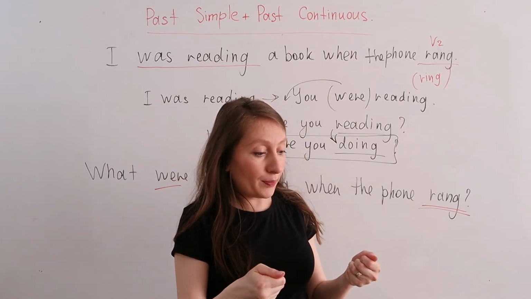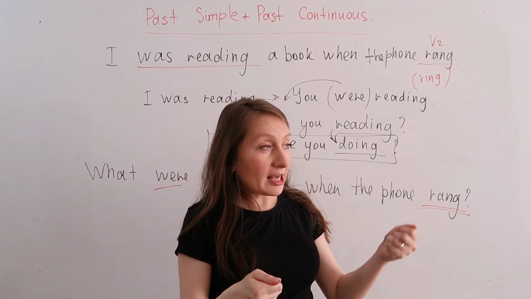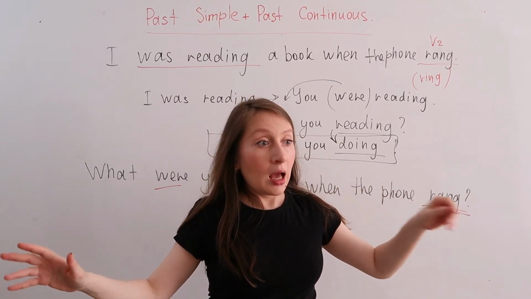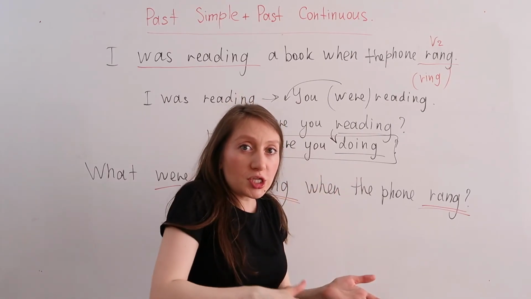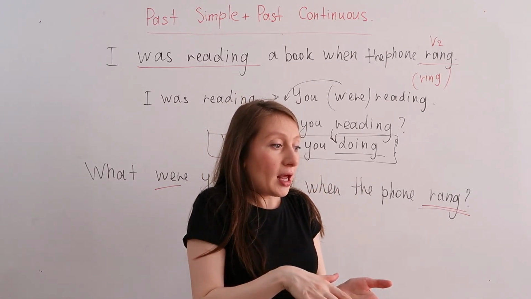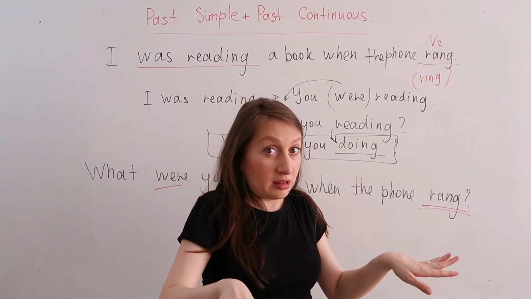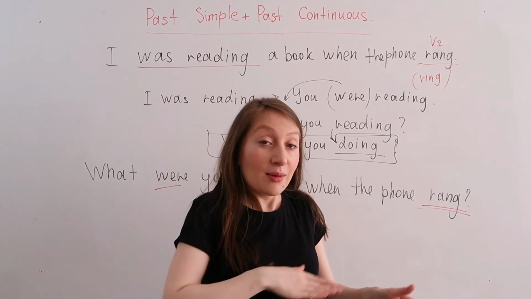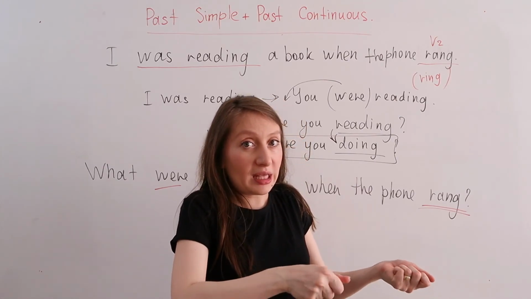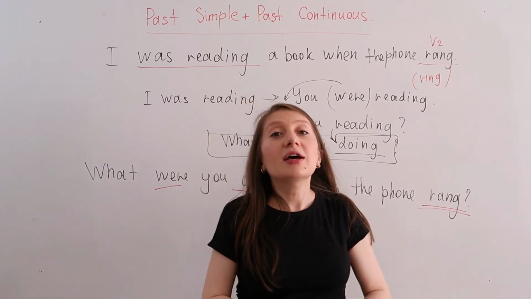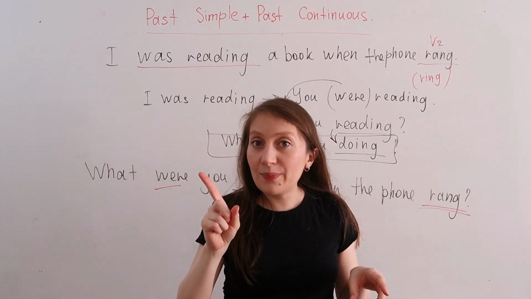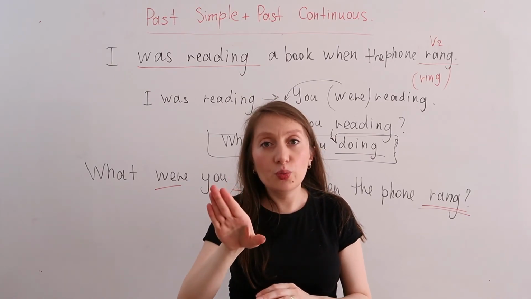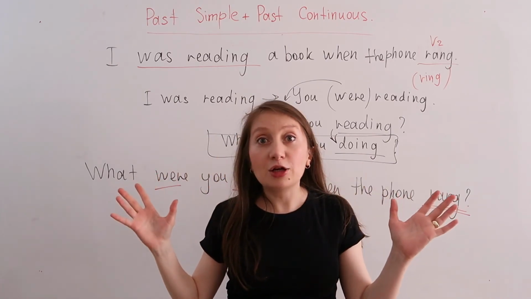I was reading a book when the electricity went off, right? I was washing the dishes when I broke the plate. Broke. It happened fast, right? But I was washing when the plate broke, right? Both of them in the past. Past simple, past continuous. Please. 3 sentences, super easy about your past actions.